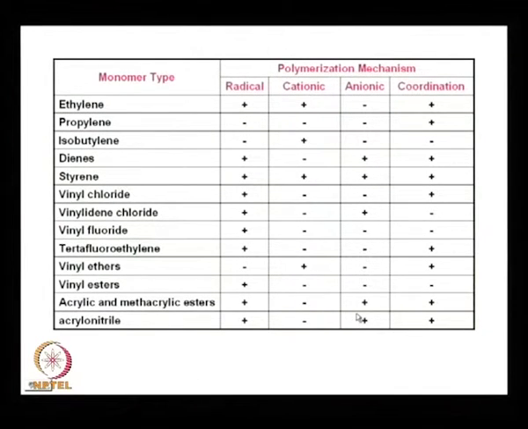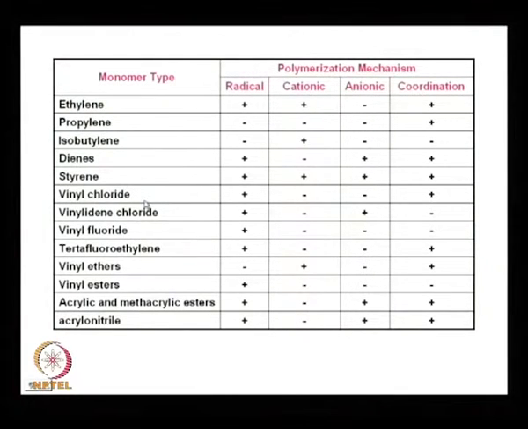Now, here is a table. These tables are available in books also. Different olefinic monomers are there: ethylene, propylene, isobutylene, dienes, styrene, vinyl chloride, vinylidene chloride, vinyl fluoride, tetrafluoroethylene, vinyl ethers, vinyl esters, acrylic and methacrylic esters, acrylonitrile.